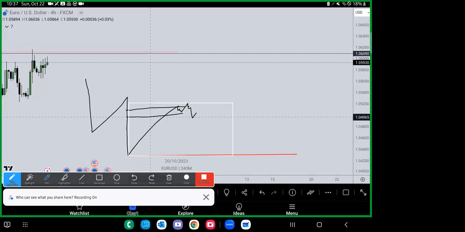And I know where my terminus is, which is here. I'm going to take my fib and grade that price swing from that high to where I expect the draw of liquidity to be. I'm going to take that whole range and split it into quarters. 1, 2, 3, 4.